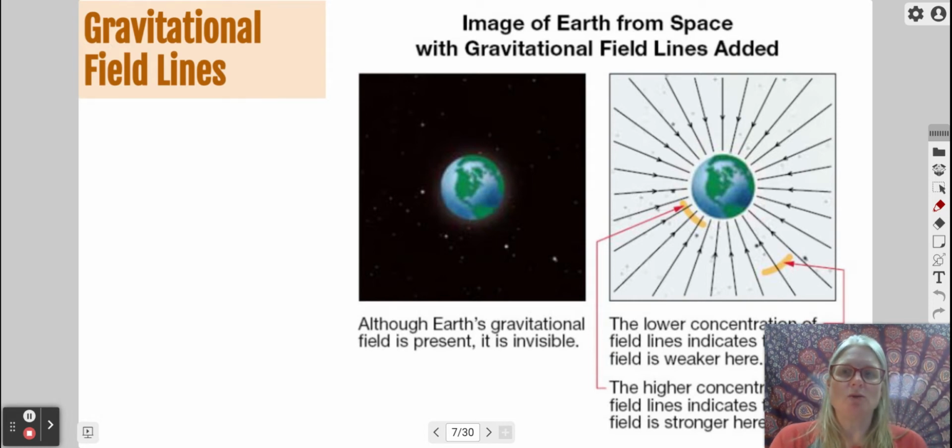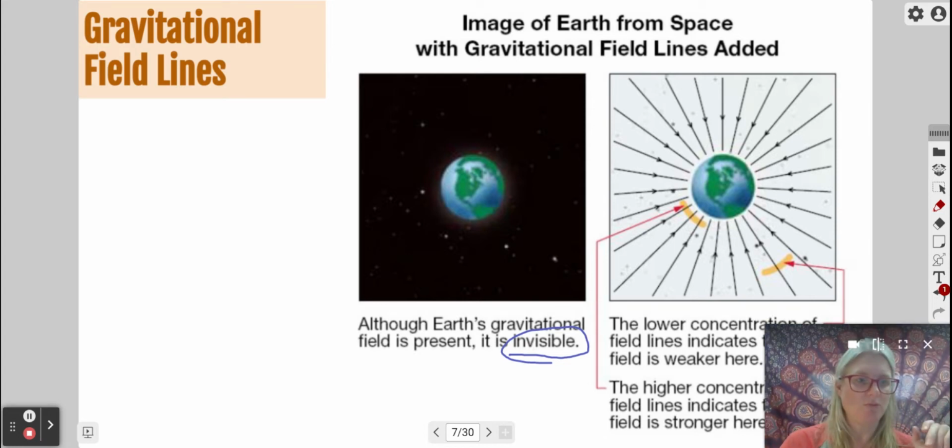All right, so our gravitational field lines. When we start talking about field lines, we want to see where the field is and how strong it is. You can't actually see these lines, they're invisible, but we draw these lines to show where the field is, which direction objects will be moving, and where the stronger field is. So in this image here, can I move my image? Nope, can't move it. Okay, so you'll see the lower concentration of field lines.